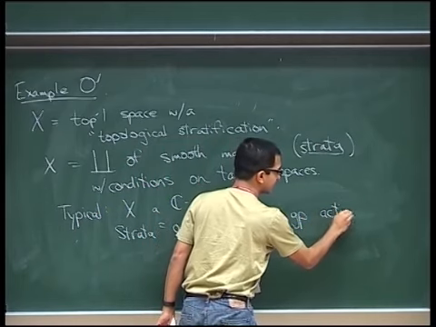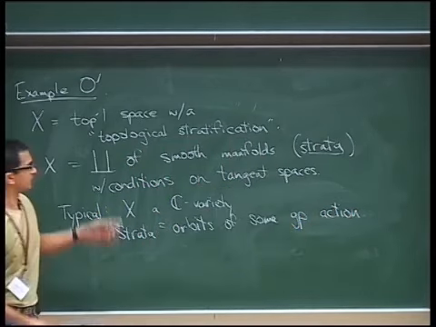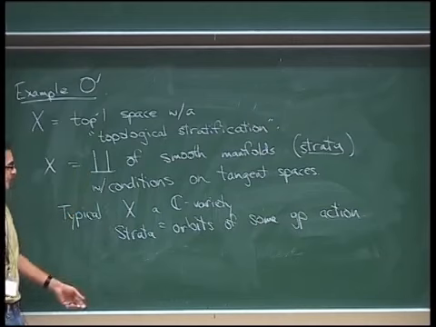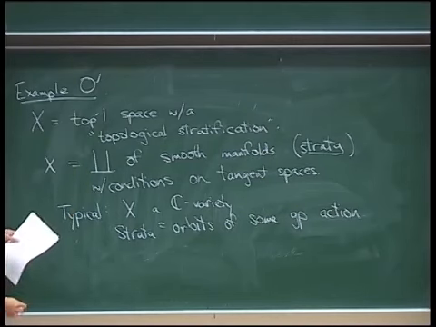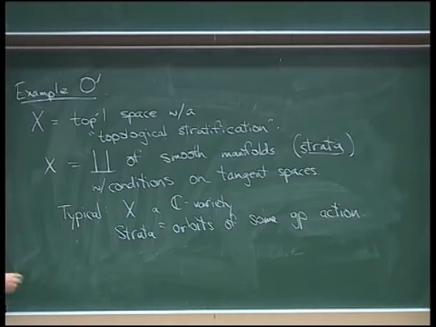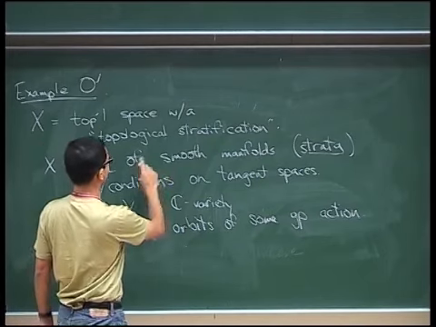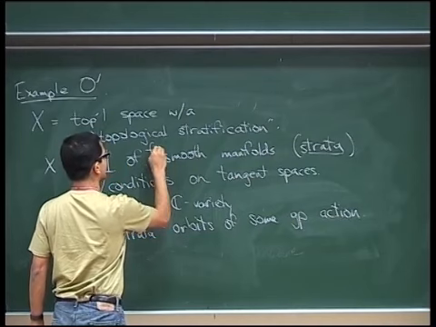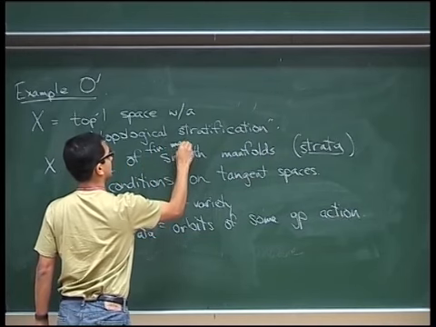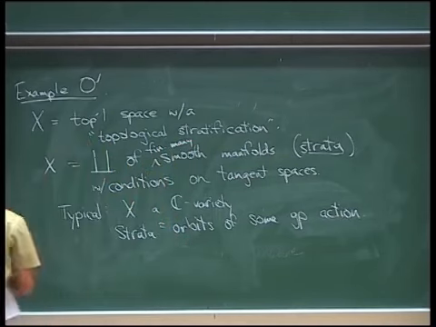And in this kind of setting, these technical conditions always hold, so it's not necessary to worry about them. Oh yes, finitely many orbits. Yeah, so this is supposed to be finitely many. Okay.